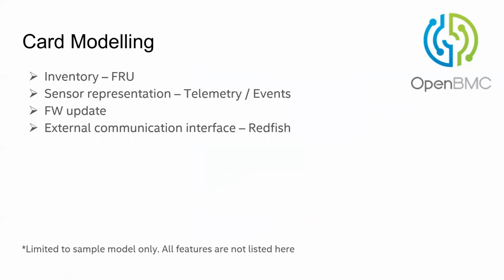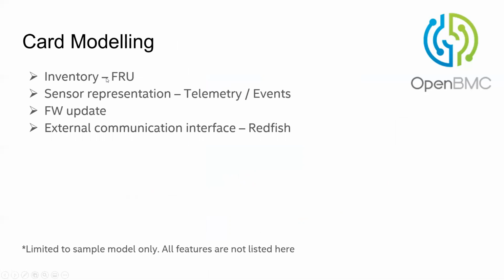Moving on. As a part of card modeling, we need to do the following things, right? This is not an extensive list. I just made it for higher level modeling only. But we can even add multiple things, like from a security point of view, which are also a part of card modeling.